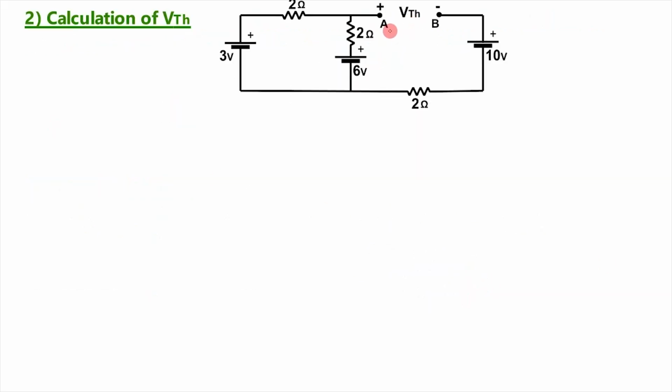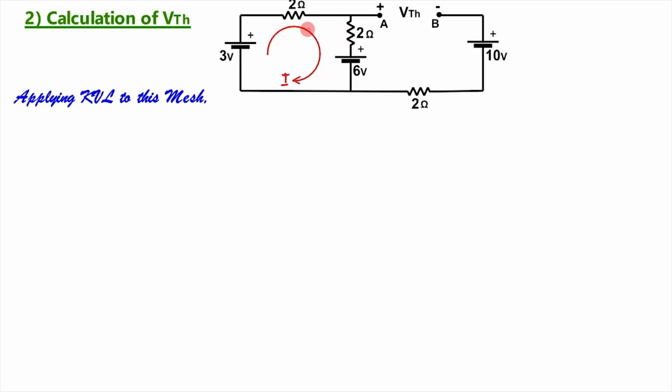So in our diagram, as this load resistance is removed, VTH is coming between points A and B where the load resistance was connected. In this one, we will take this mesh and find out the mesh current flowing. Let I be the mesh current flowing in this mesh. Applying KVL to this mesh, we have to mark the polarities of currents flowing in these resistances.